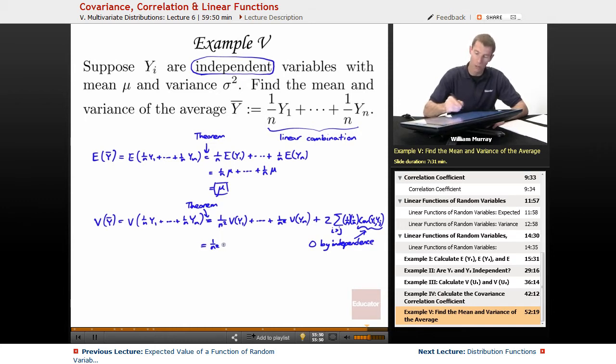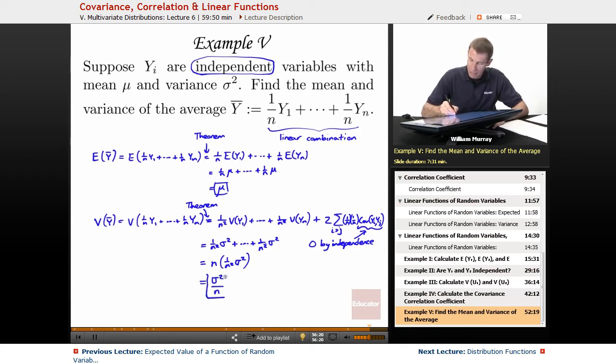The variance of y1 is sigma squared plus up to 1 over n squared times sigma squared. Now, let me write that a little more clearly. That's 1 over n squared in the denominator there. And so what I have is n terms here of 1 over n squared times sigma squared. And so that simplifies down to sigma squared over n.